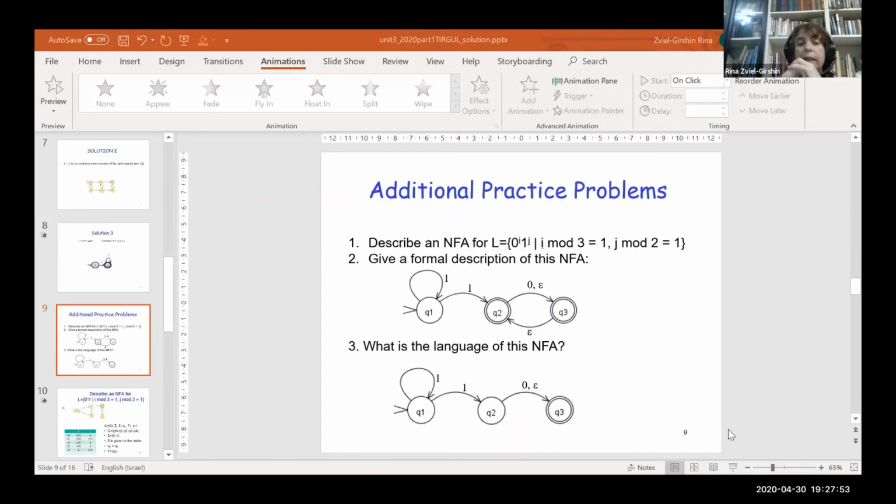In the next question, you have to give a formal description of this NFA. So basically, the NFA is given. We just have to define a 5-tuple. So let's start to solve this question.